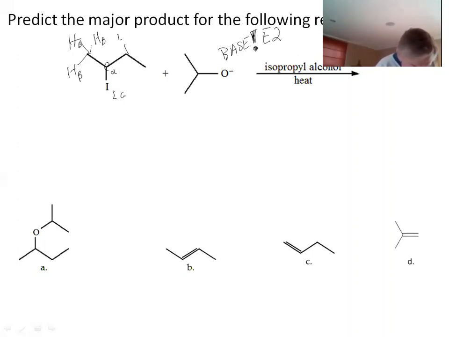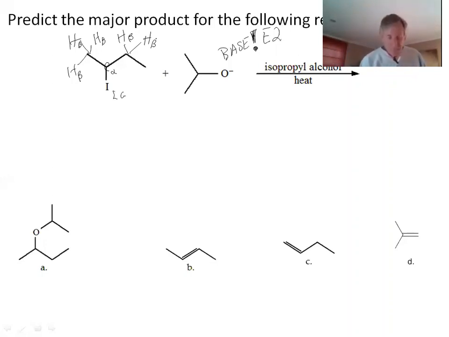Notice these are beta hydrogens. So be careful. Don't just look for the first beta hydrogen. Look around and see how many beta hydrogens you have. Because the answer to this question is really there are multiple correct answers.